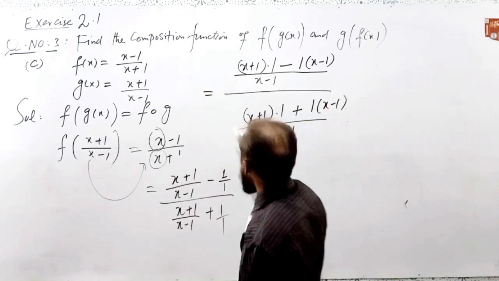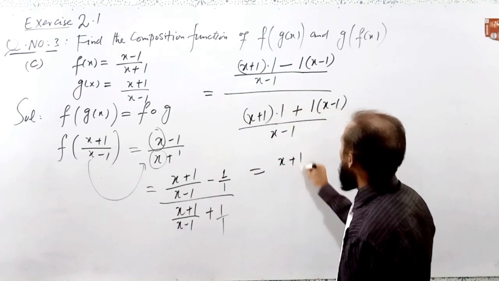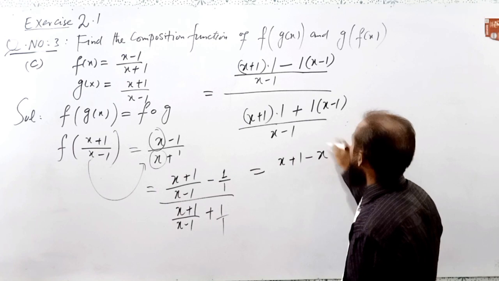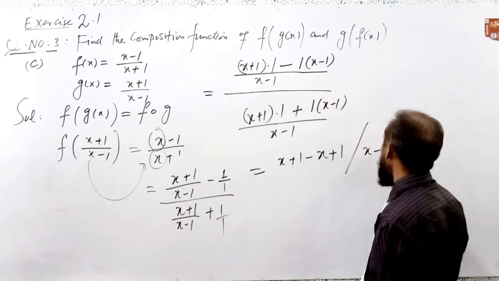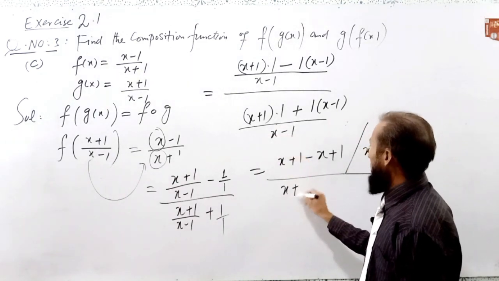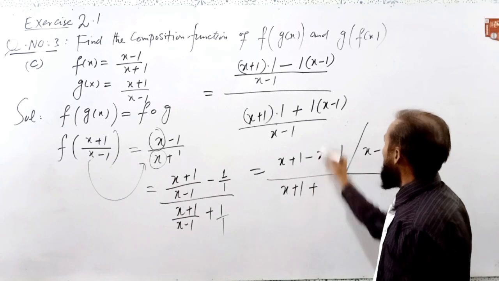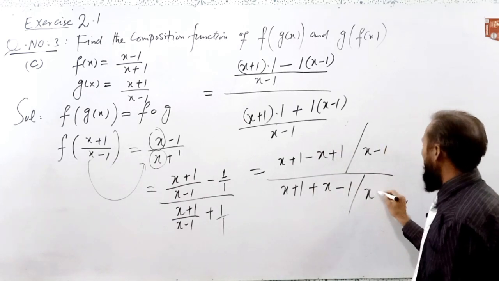Now we can simplify. Further simplification: x plus 1, open the brackets, minus x minus into minus plus 1, divided by x minus 1, and here we can write x plus 1 plus 1 times x minus 1, divided by x minus 1.